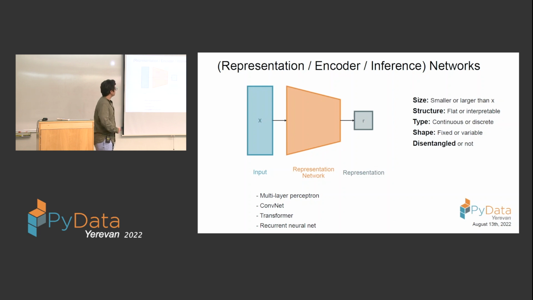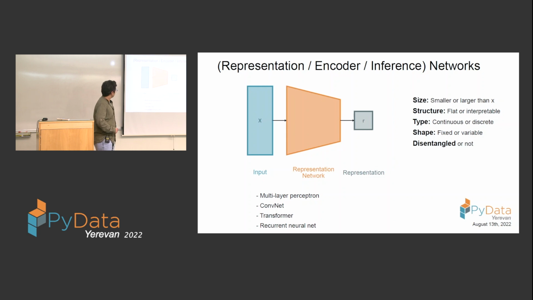We call it the representation network. You can see it as an encoder or inference network with different names, but all of them get the input X and come up with something as a representation that we show with R, and this representation is actually the thing that we are searching for.